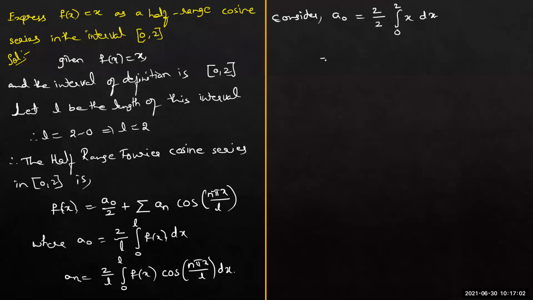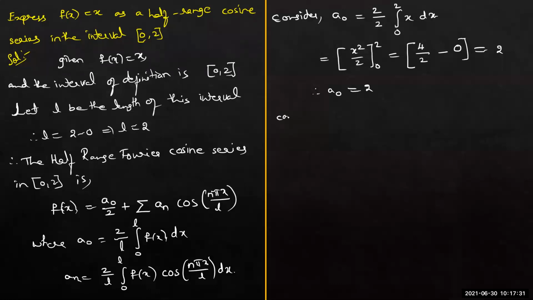So it is equal to 2 by 2, which is anyway 1, and then if you integrate x, it is x square by 2 with the limits from 0 to 2. When you substitute the limits, we first substitute the upper limit. So for x equal to 2, we get 2 square, 4 by 2, minus, when you take x equal to 0, it is simply 0. And 4 by 2 is 2. Therefore, we got a naught is equal to 2. Let's keep this aside. Now let me calculate an.